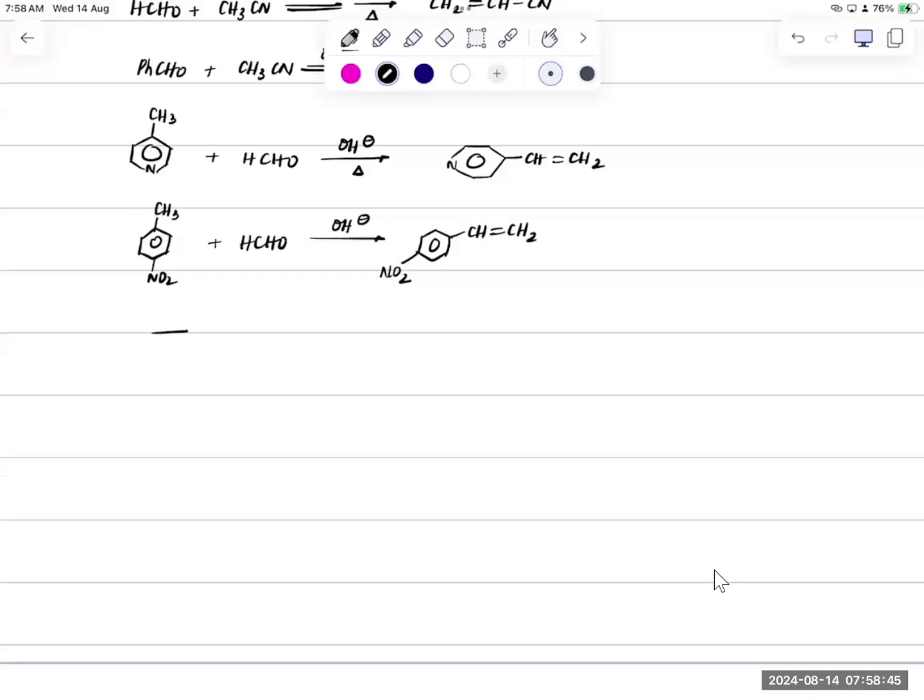Okay. Lastly, suppose you have an 8-membered ring like this, with 3 double bonds and one OH group.